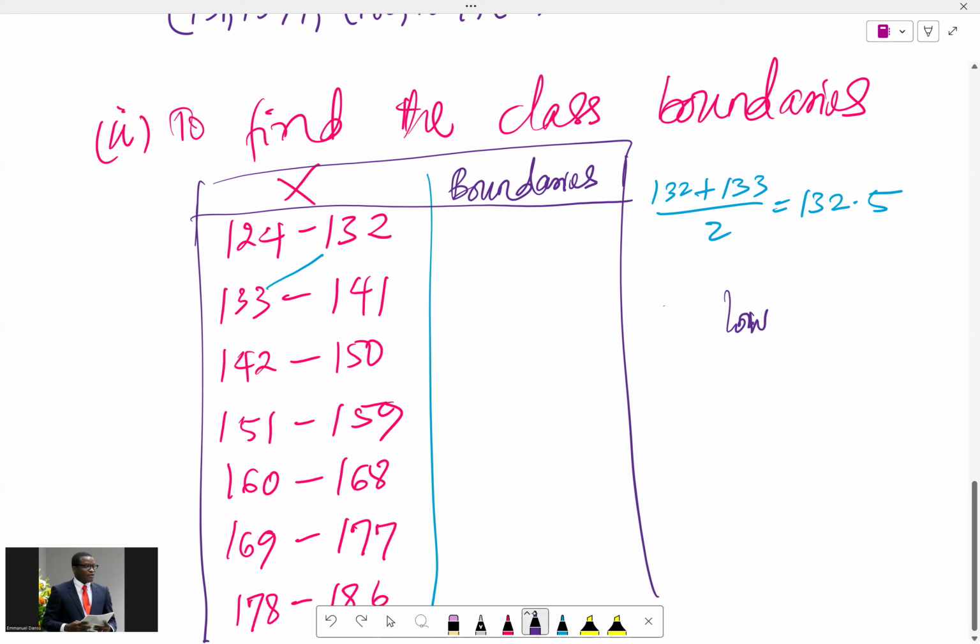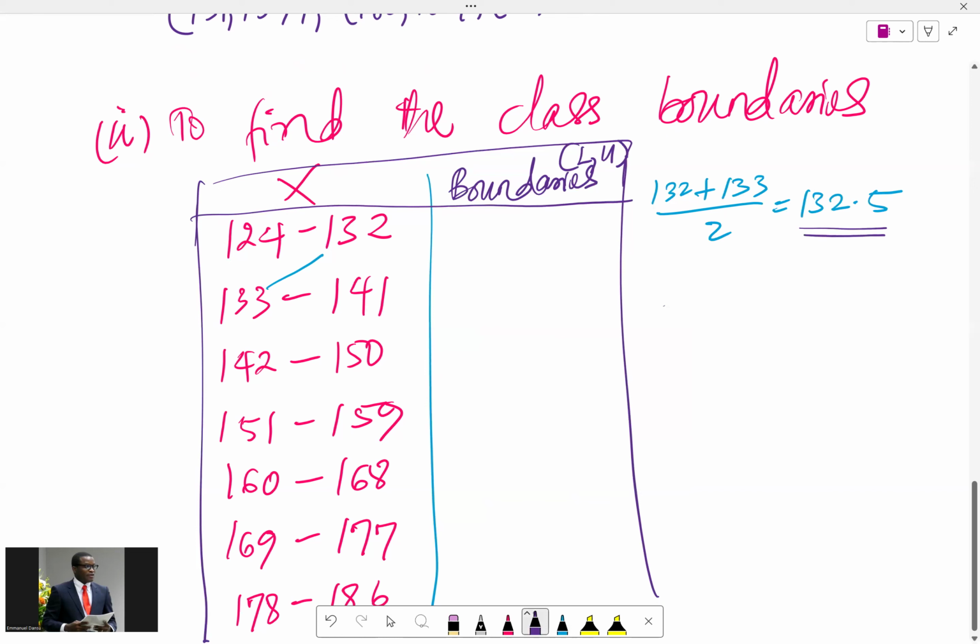Let me just say boundaries, lower comma upper. So this 132.5 we got is actually the upper boundary of this class and the lower boundary of the next class.